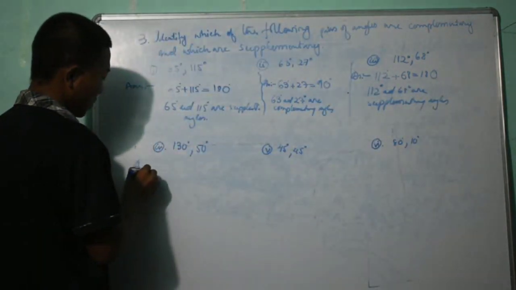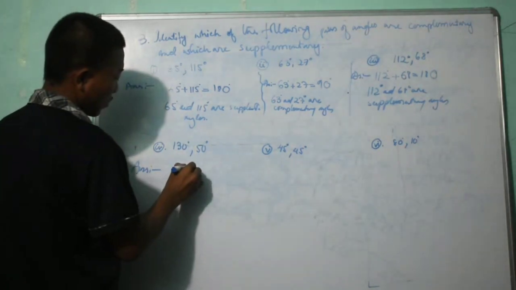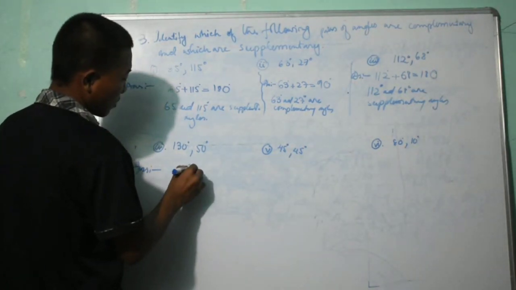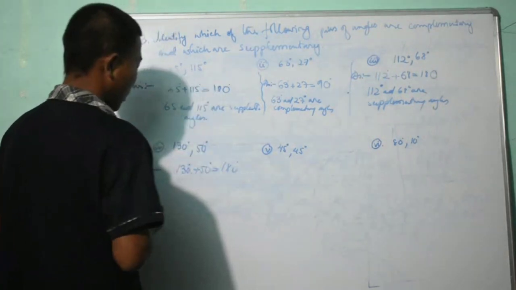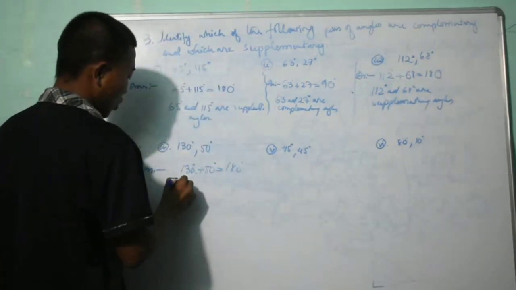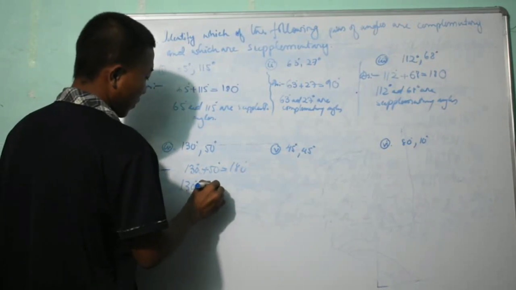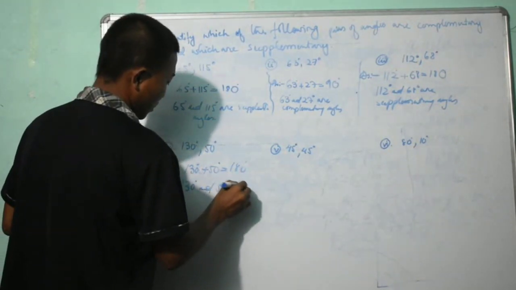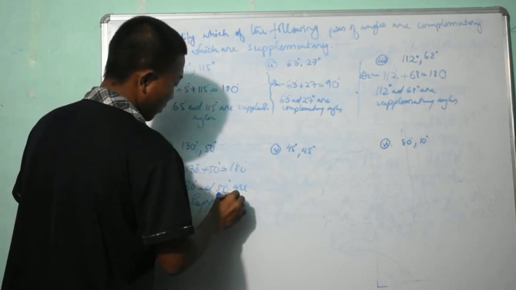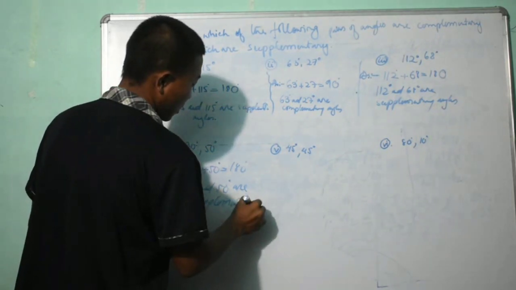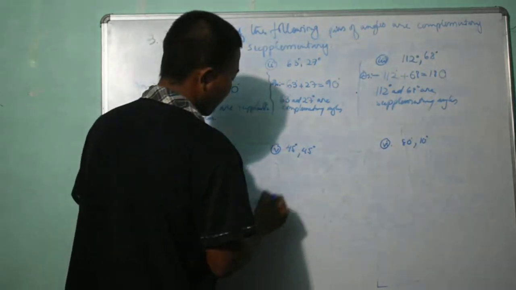In Roman number 4, let us add 130 plus 50 will give 180. 180, that means 130 degree and 50 degree are supplementary angles.